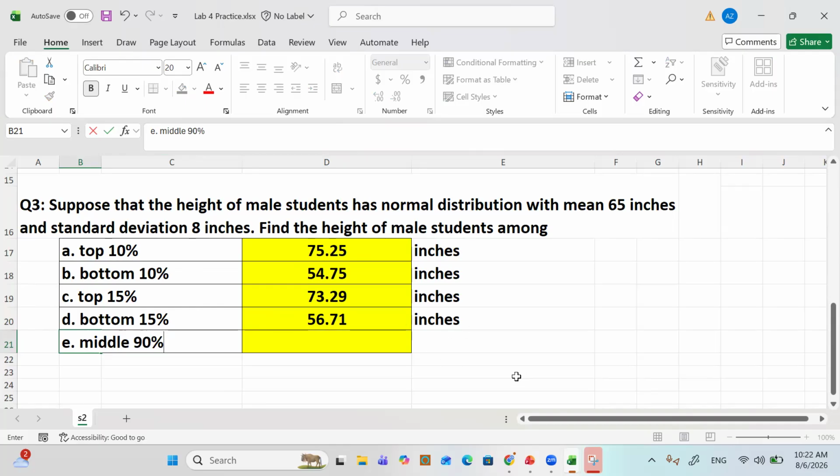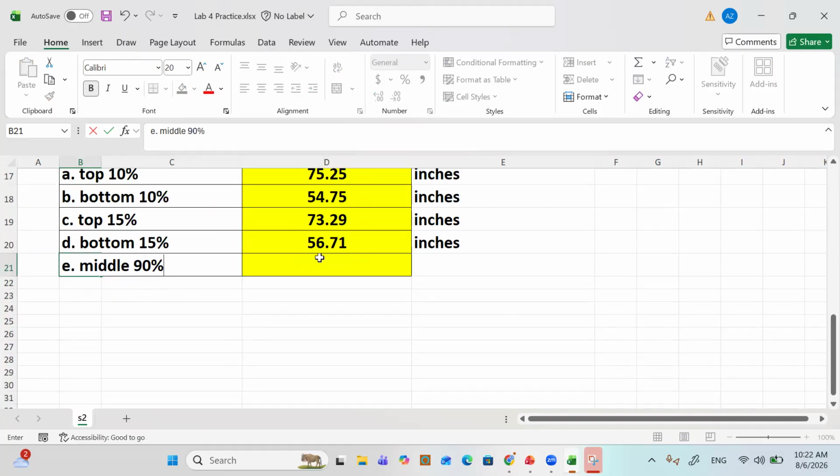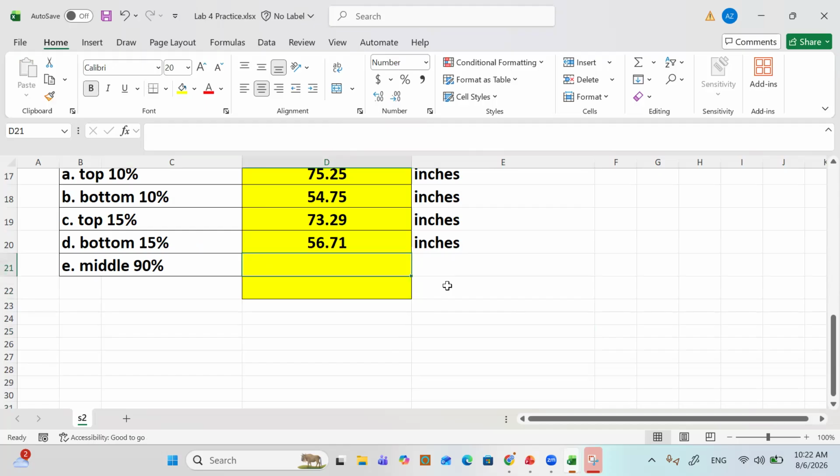And so basically this one, we're gonna have two values. For the bigger value, because the middle 90%, each tail will have 5%. Maybe let me just quickly show you.